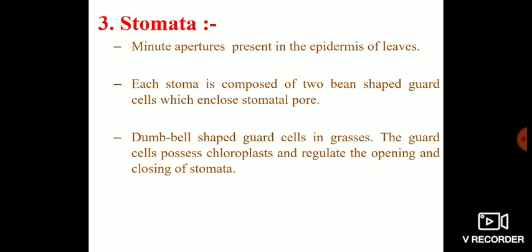But in case of grasses, the guard cells are not bean-shaped, they are dumbbell-shaped, and the function of guard cells is that they possess chloroplasts, and because of those chloroplasts, they are able to regulate the opening and closing of their stomatal pore. This is a separate topic in physiology, how guard cells regulate the opening and closing of stomata. At this point of time, you are not required to discuss all those details.